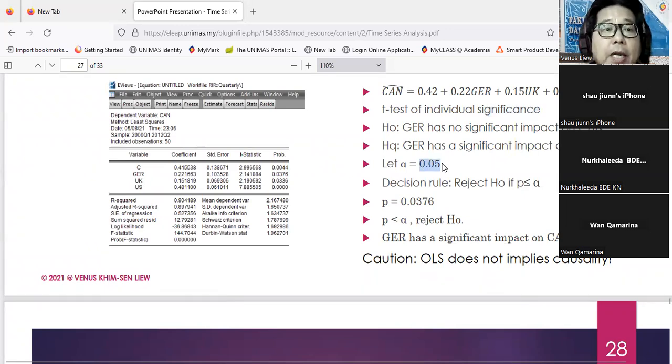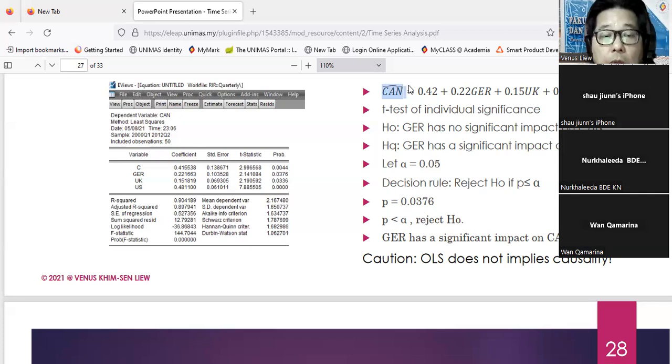That means 95% of the time when you see there are changes in the Germany real interest rate, it will also show changes in Canada real interest rate. So if you have got that, you say Germany real interest rate, or any factor that you estimate here, has significant impact on the dependent variable.